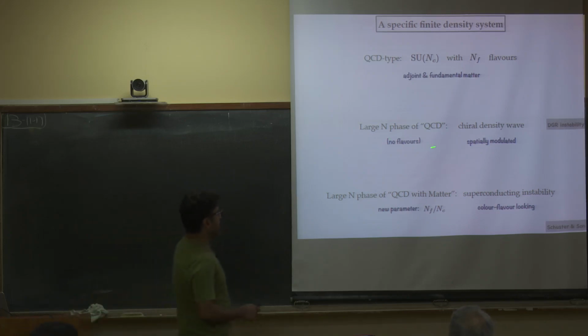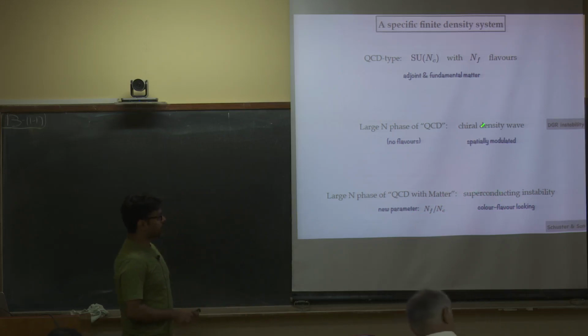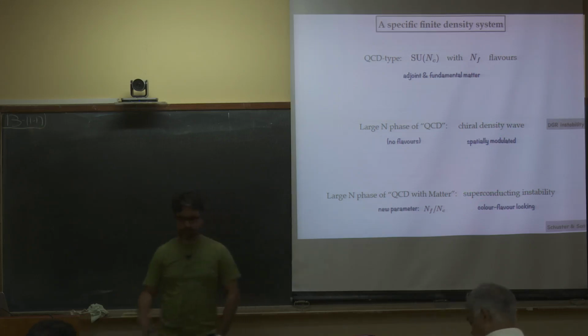Then, of course, that we know is not quite QCD, because in QCD we have N_F as large as N_C, the same order, there is no separation. And there, the statement is that if I want to do some large N calculation of QCD with matter, in which I do have a new parameter to tune, which was very small here, then one can actually show in a certain sense that instead of this chiral density wave phase, one gets a superconducting instability, which is this color flavor locked phase.